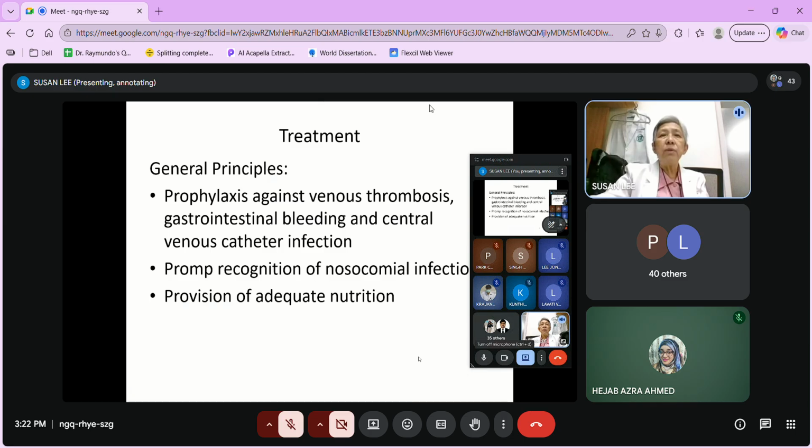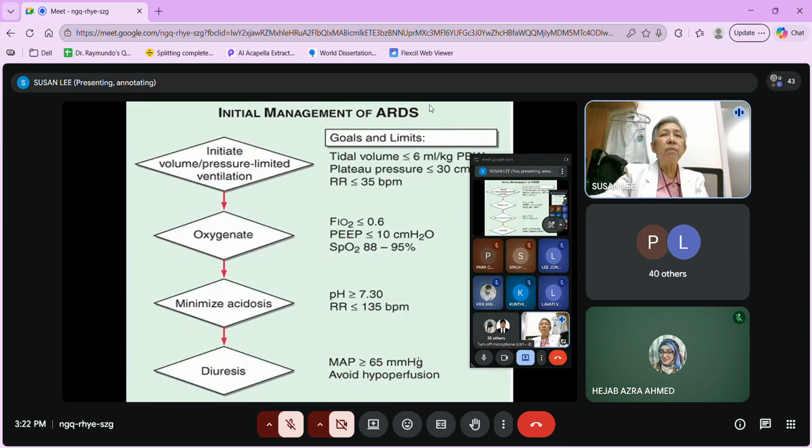And while we are doing this, of course, we have to tide the patients over the injury. So we have to be able to maintain adequate oxygenation for the patients. So usually the patients would need oxygen support, okay, and a majority of patients would need mechanical ventilation to support their respiratory function.